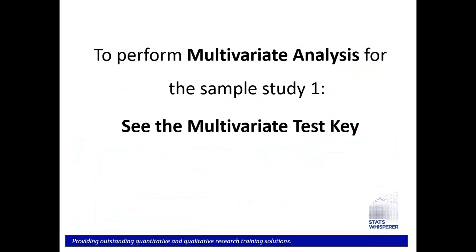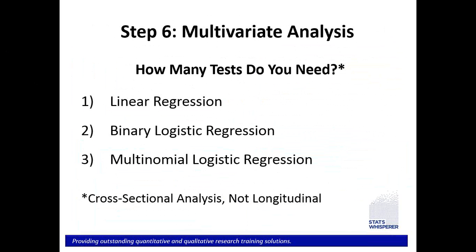So let's continue. At step 6 multivariate analysis, you may wonder, how many tests do you need? Essentially, there are 3 tests we need to consider. The first one, linear regression, 2, binary logistic regression, and then 3, multinomial logistic regression.